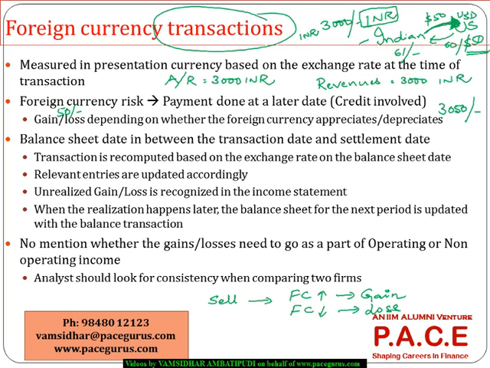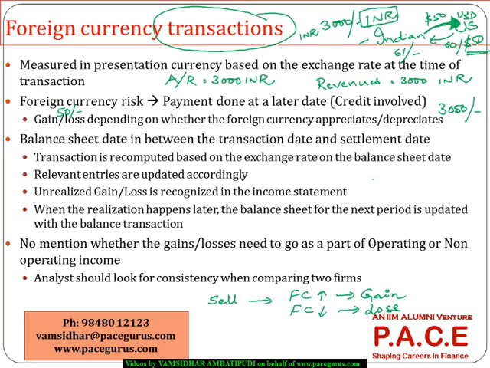But the gain or loss on the day when the actual payment is received is directly treated in the income statement based on the exchange rate that is prevailing on the day of receipt.